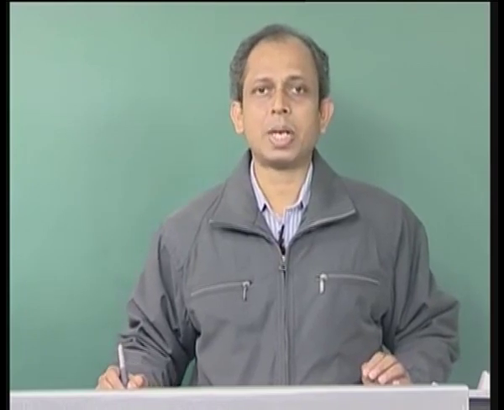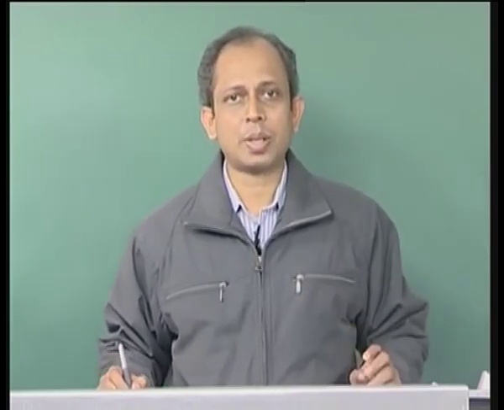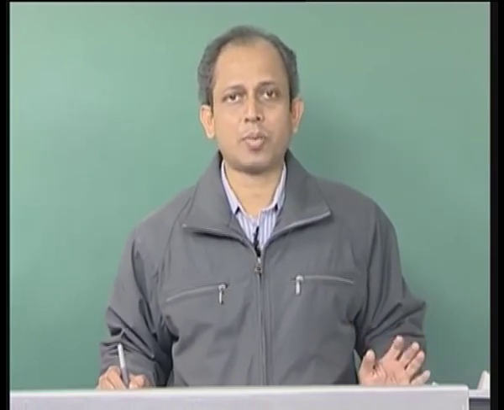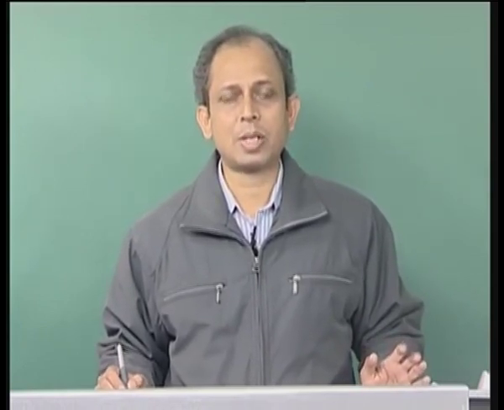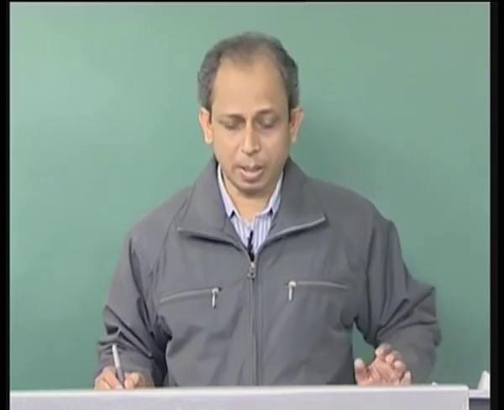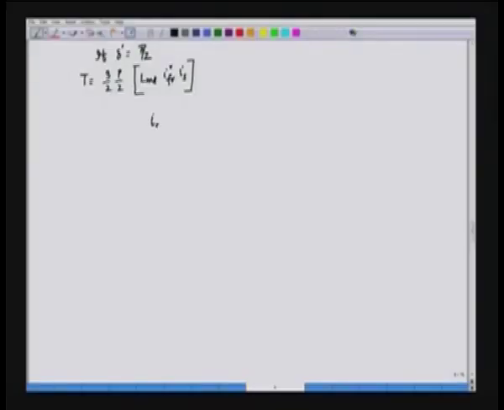In general we can say that Is has got two components. It has a component along the field axis, that is called the flux component of current, and there is another component which is orthogonal to the field axis, that is, in the q axis, that is called the torque component of current. So, if Is is a phasor, IF is along the field axis or the d axis, and there is another component along the q axis, that is called IT.